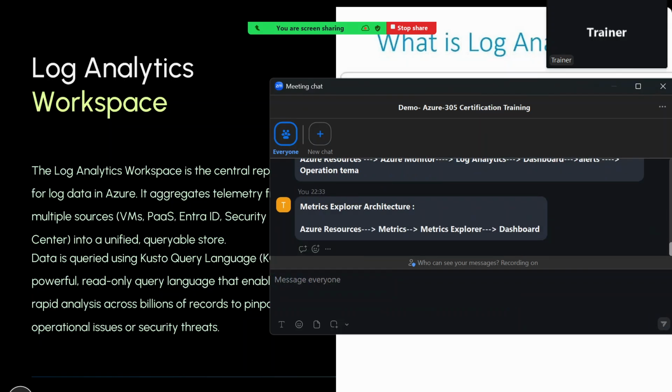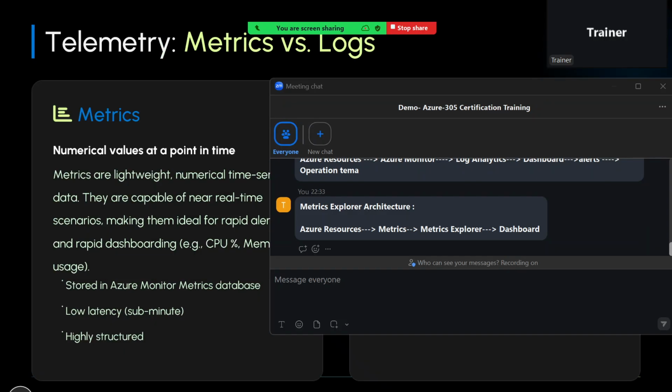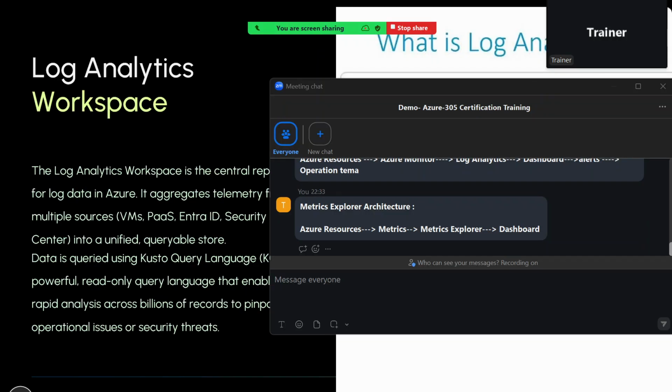Okay, now Azure alerts. One of the most important Azure Monitor features is alerts. So what is an alert? An alert means automatically notify when a defined condition occurs. For example, if CPU is more than 90% for 10 minutes, Azure Monitor triggers an alert.